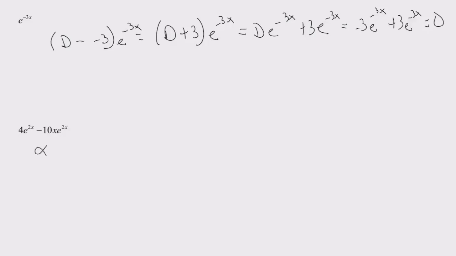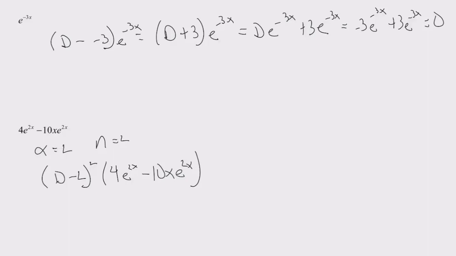Alpha is the exponent of the x's exponential, 2 in this case, and n represents the highest degree, which is 2 as well. So my differential operator would be d minus 2 squared, applied to 4e to the 2x minus 10x e to the 2x.